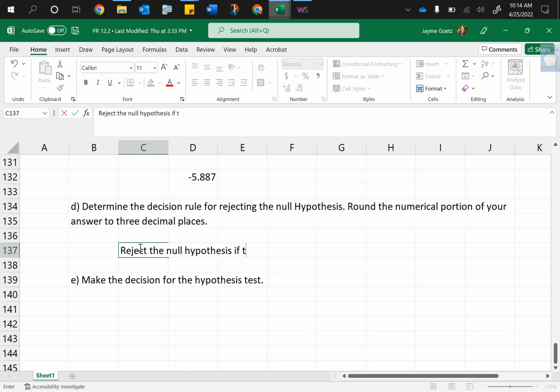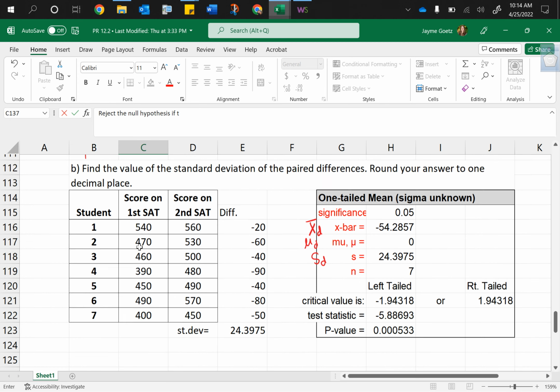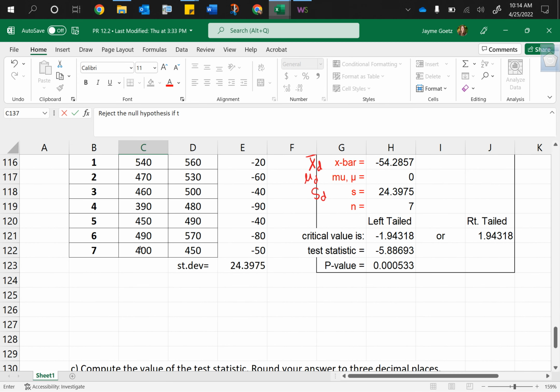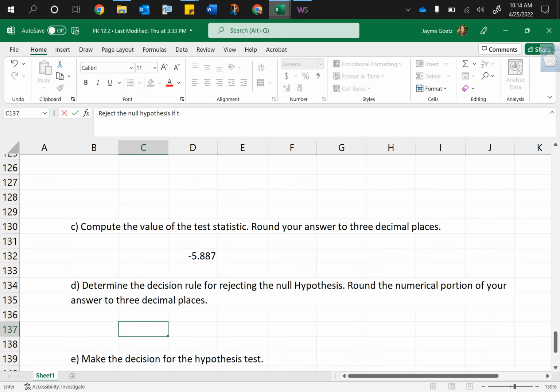One-tailed or two-tailed? One-tailed, left-tailed, or right-tailed? Left-tailed, because it's less than, right? So we would look at the critical value. You're absolutely right there, Ryan. We would look at the critical value and we would look at left-tailed. So we would reject the null if t is less than negative 1.943.